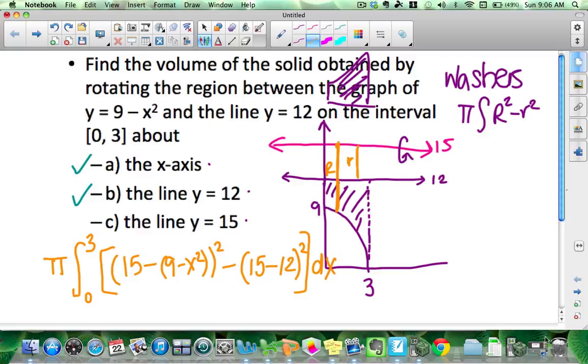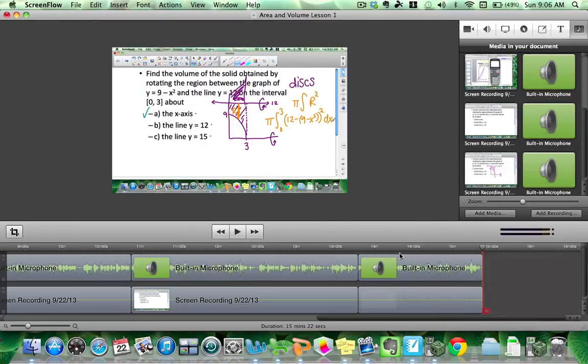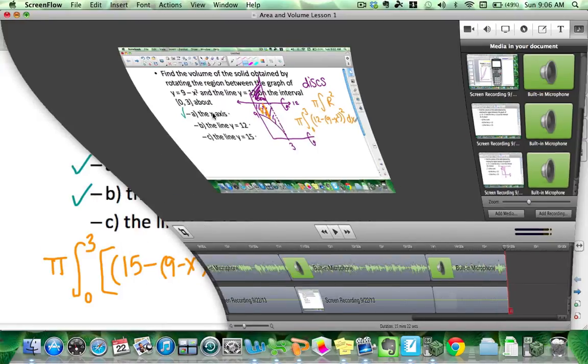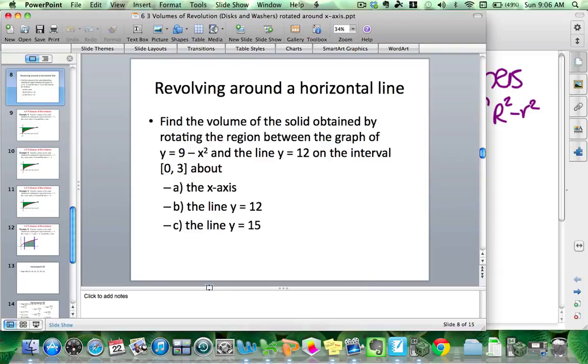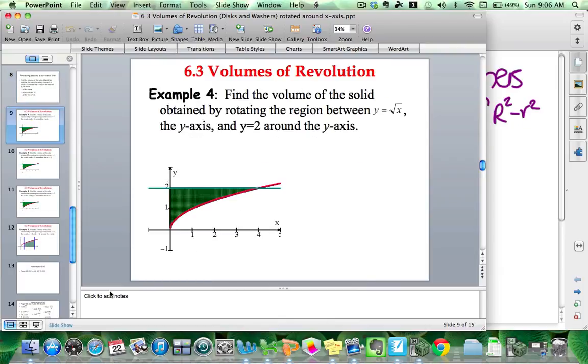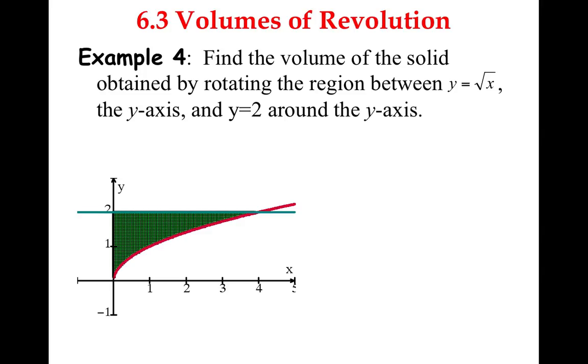But I bet you're wondering what happens if I want to integrate with respect to y. So here is another example. It's based on the same solid that we were working with at the beginning of class.